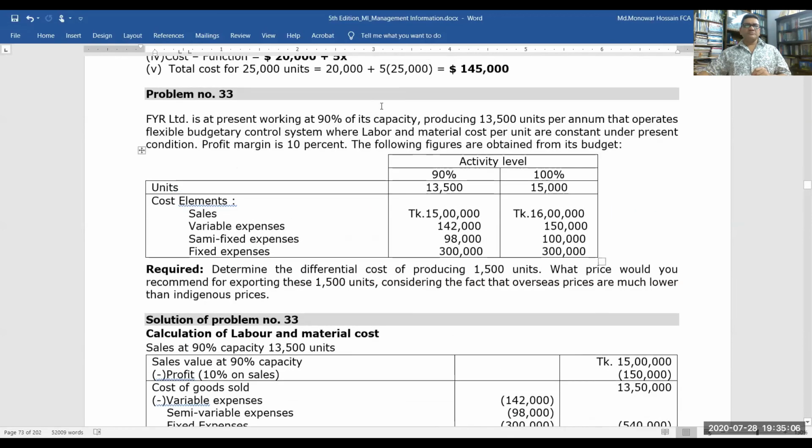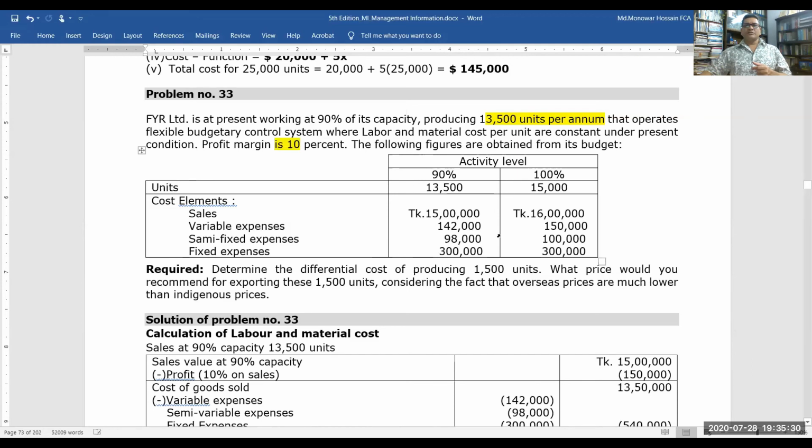Another problem. Oil Limited is presently working at 90% of its capacity, producing 13,500 units per annum. It operates a flexible budgeting control system where labor and material cost per unit are constant under present conditions, and profit margin is 10%.